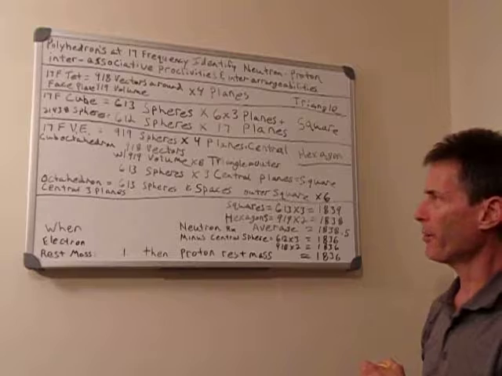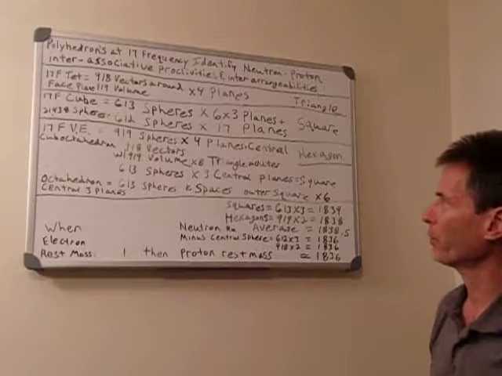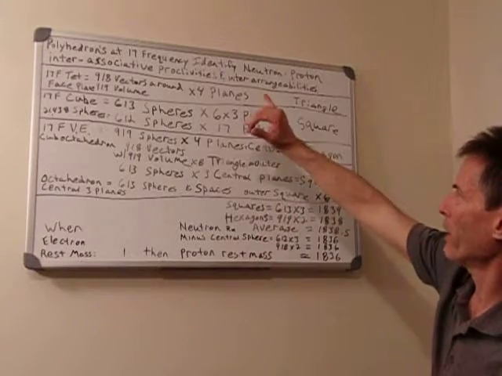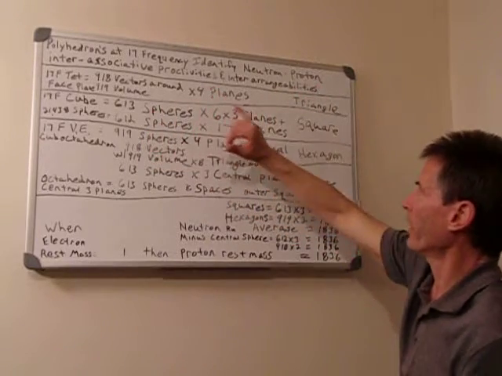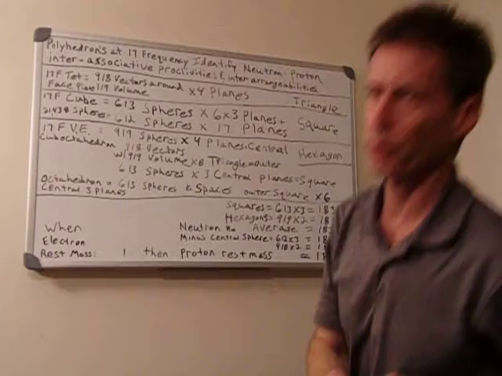The universe creates a matrix at the 17 frequency polyhedrons which identify the neutron and proton interassociative proclivities and their interarrangeabilities.